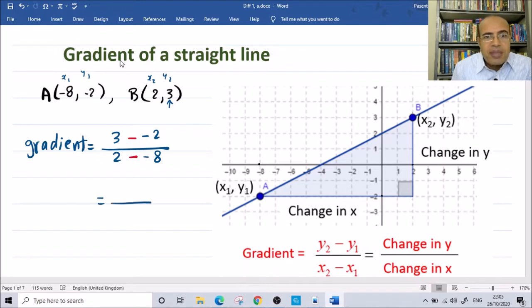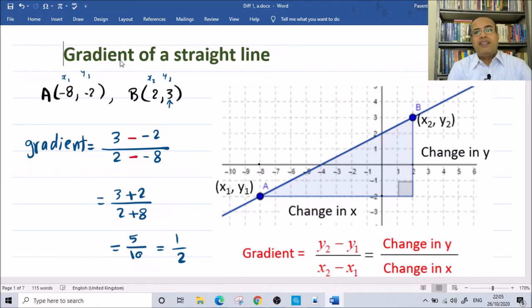Simplify. Negative times negative is positive, so it's 3 plus 2 over 2 plus 8. 3 plus 2 equals 5, 2 plus 8 equals 10, in simplest form, half. This is the gradient of a straight line.